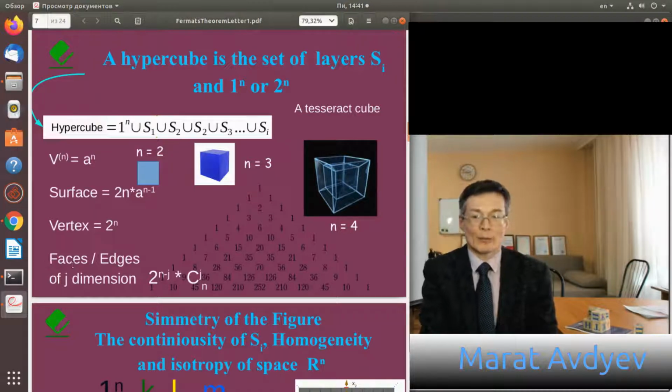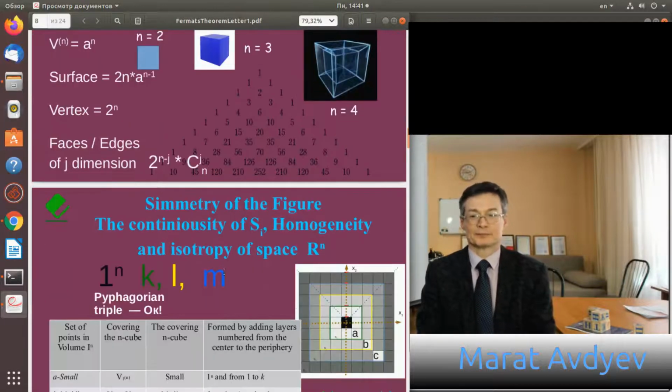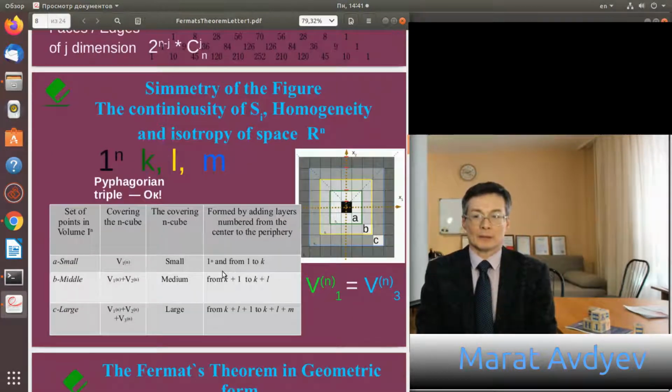The total number of faces, edges, and of g dimension is given by the formula 2 power n minus g multiplied by binomial coefficient C, g, n, where this coefficient one can take from the triangle of Pascal. Let's go on.